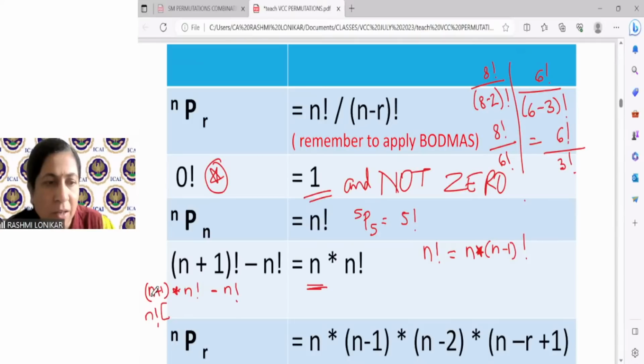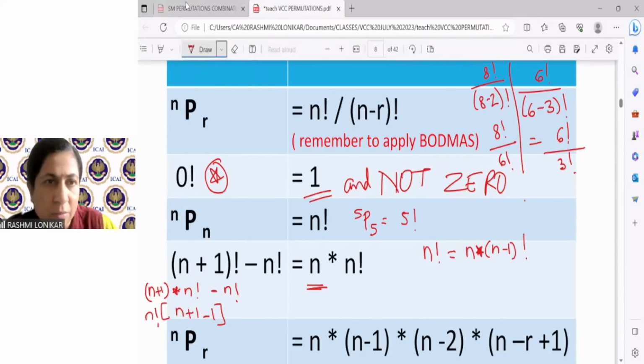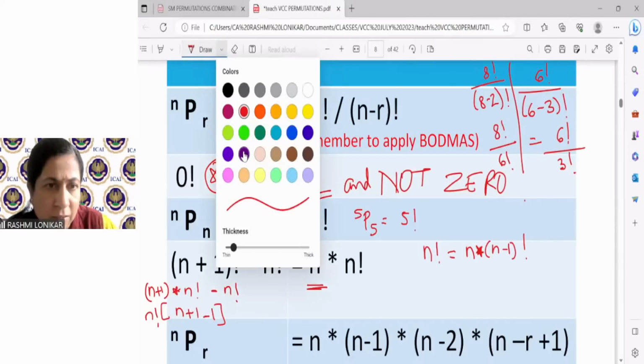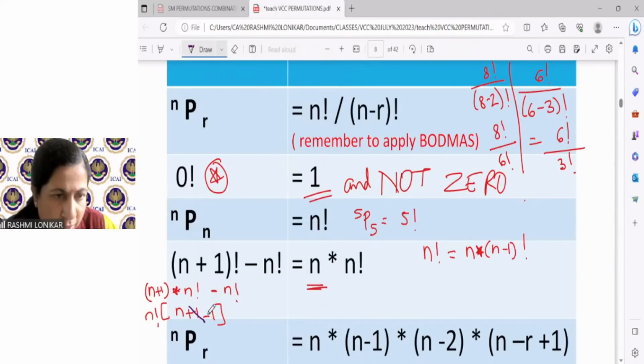What will remain here? N plus 1. What will remain here? Minus 1, because I've already taken n factorial outside the bracket. Now this plus 1 and this minus 1 will get cancelled. So what is left is n into n factorial.